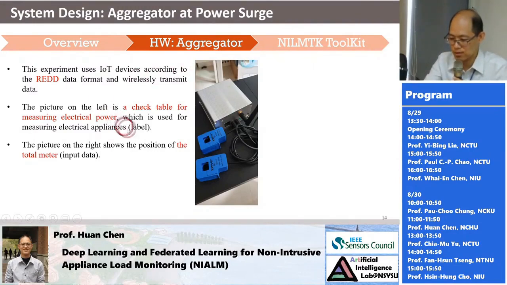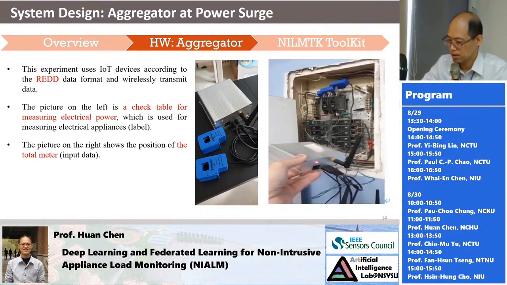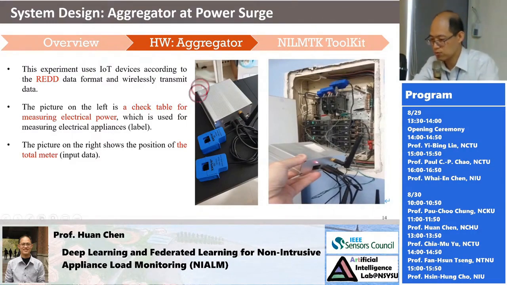And this picture on the right-hand side is a table for measuring electrical power. Everything is inside it. Again, this is an aggregator installed in the power supply. This is a side view of it installed in the main power supply.